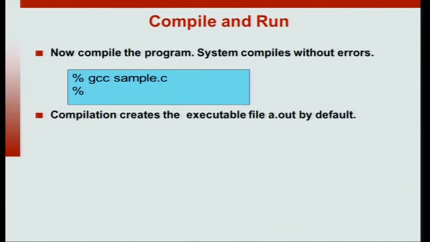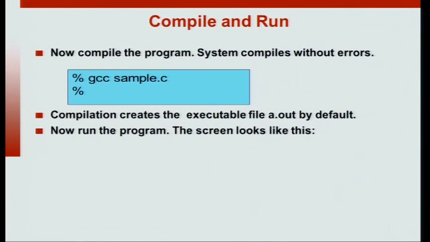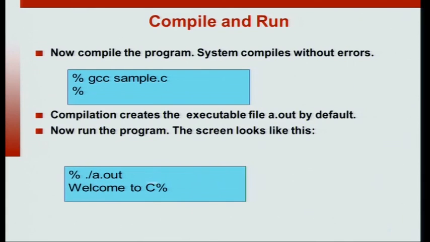Compilation creates an executable a.out, and now you can run the program by typing, and this is important, ./a.out. So the syntax is important. What you type is ./a.out, and then when you run the program, it will say welcome to C, because that is what the program is supposed to do.